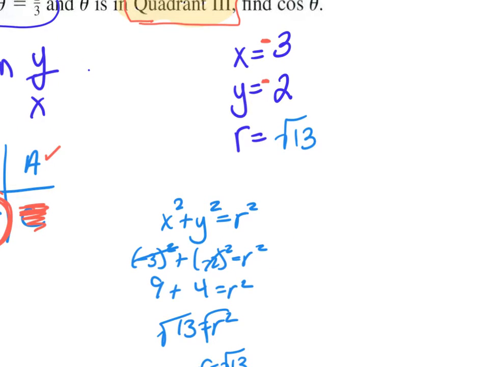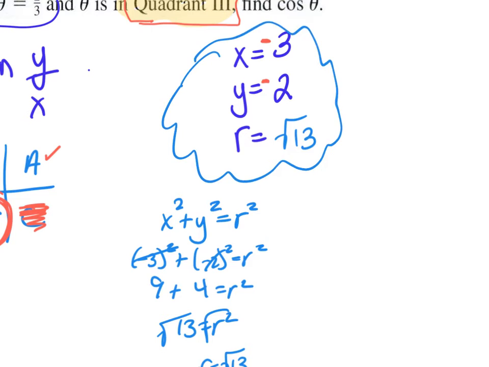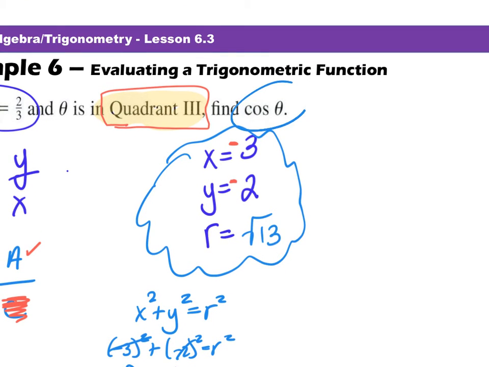All right, so now that I have this figured out, I can answer the question that's finally being asked. What is the cosine of theta? So what we need to remember from that first slide that we talked about yesterday, sine of theta is y over r. Cosine of theta is x over r.